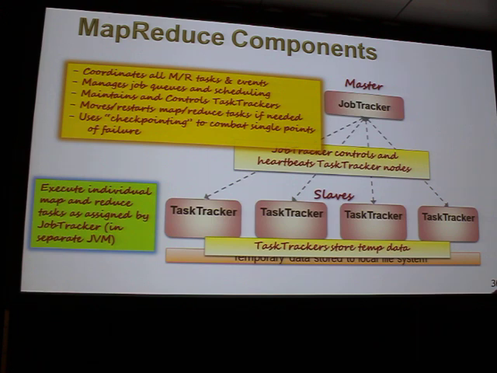Those task trackers, when they write information, where do they write it? They write it to the local disk, not into HDFS. So if a mapper writes its output, or a reducer writes its output, it's on the local file system. Why?